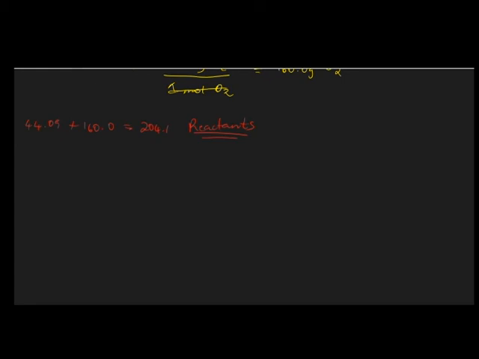Now we are going to the products. We calculate the mass of carbon dioxide. How many moles of carbon dioxide do we have? We have 3 moles. And what is the mass of each mole?